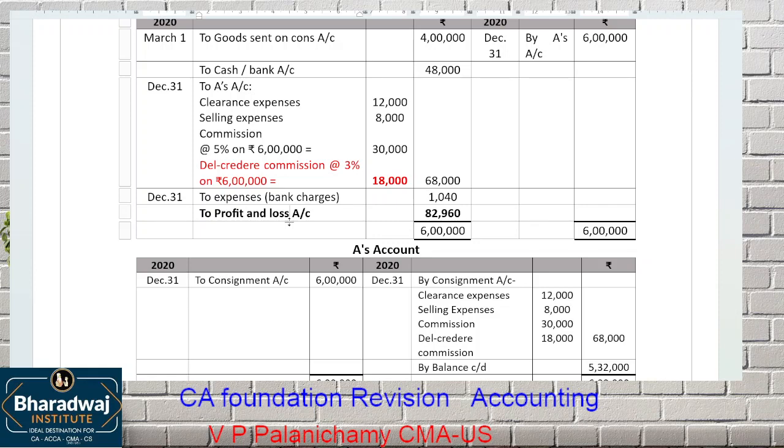Goods sent, think. Sent 2 lakh? Goods sent on consignment, any answer? Not 2 lakh. Think. No.